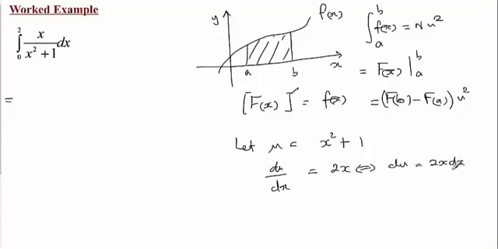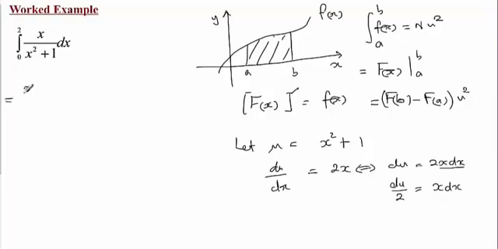But you note that in the numerator here, we've got x dx, so we have to divide both sides by 2 to get du over 2 is equal to x dx. Now we've got an expression with which to substitute the numerator.